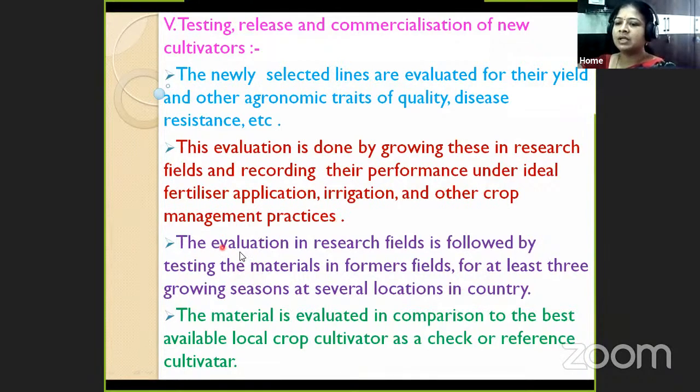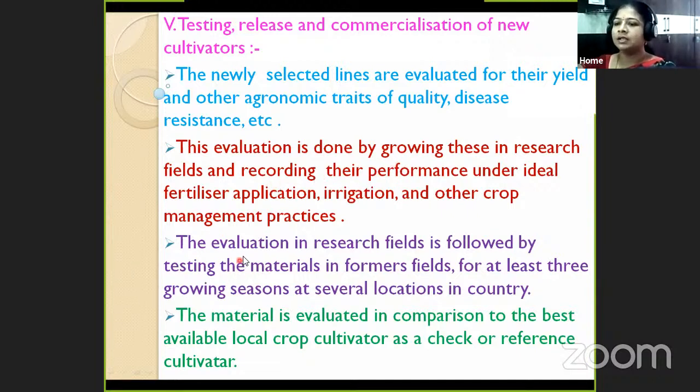Then the evaluation in research fields is followed by testing the material in farmer fields. Listen carefully, children. First, the selected material is allowed to grow in the research field.